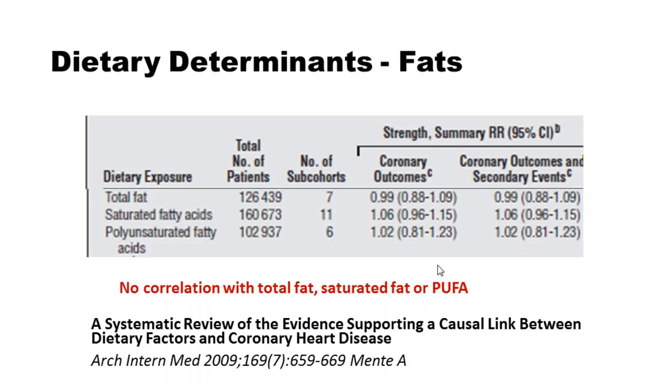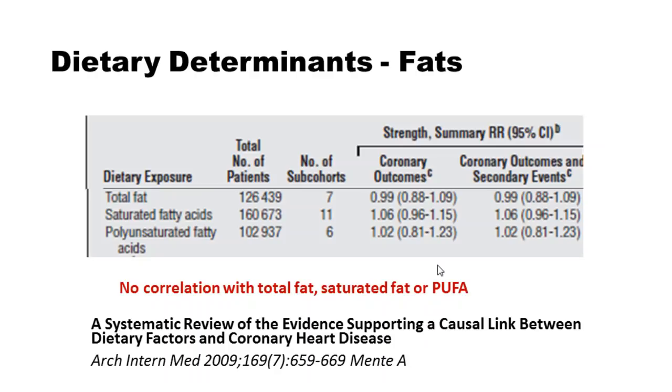By 2009, you had a number of studies published. This is published in the Archives of Internal Medicine, which looked at meta-analyses of all these studies we've done. So this is 2009, 30-plus years after we've been telling people to eat very low fat. When you look at total fat and saturated fat, you see the risk hazard ratio.